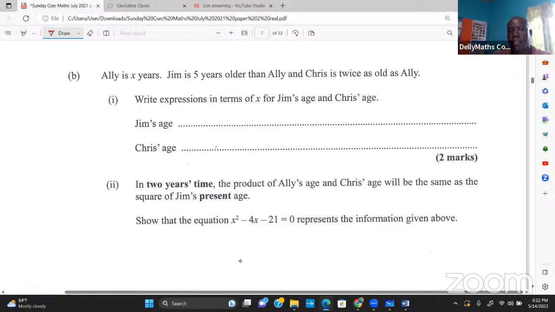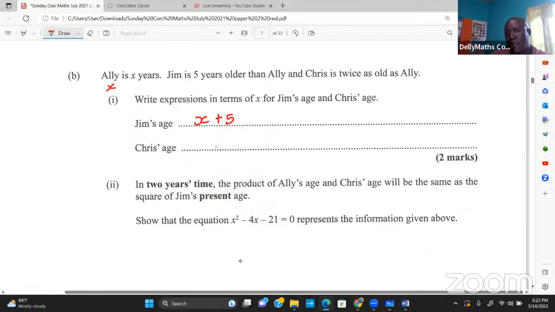Go again. Ali is X. Jim is 5 years older than Ali. So Jim is X plus 5. And make no mistake, it's not 5x. It's just 5 more years, a constant.